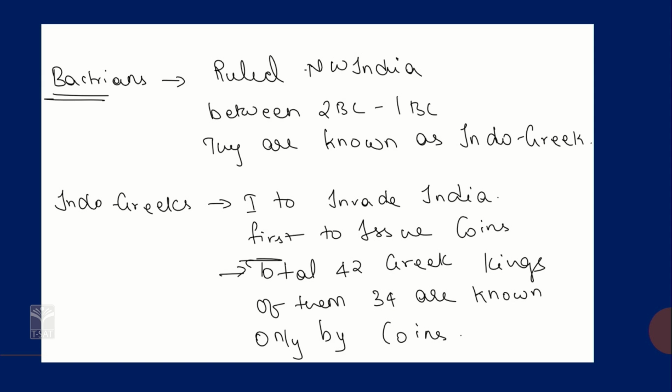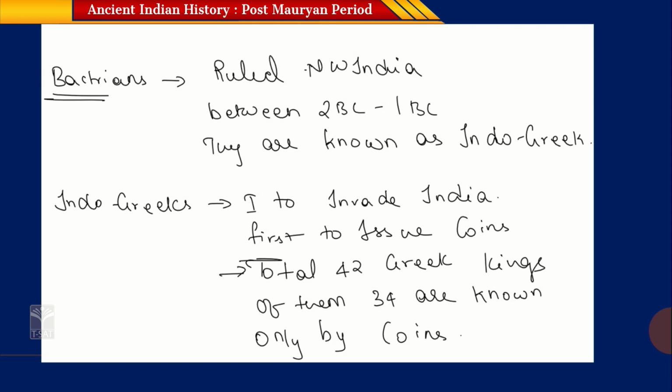Bactrians are the name which is actually mentioned about these guys in the books. They ruled northwest India. These were Greeks who had started to move towards India and eventually came to be known as Indo-Greek because they had mixed blood. Many of these Greeks married locals of this country and became half Greek, half Indian. So they are called Indo-Greeks.